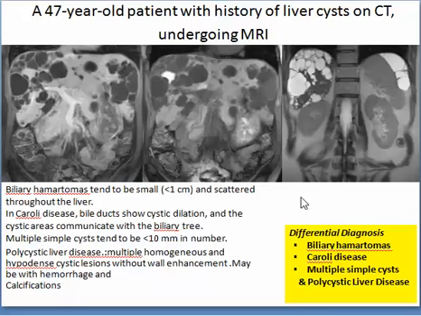Polycystic liver disease, of course, is characterized by multiple homogeneous hypodense cystic lesions without wall enhancement, maybe with hemorrhage or calcification.